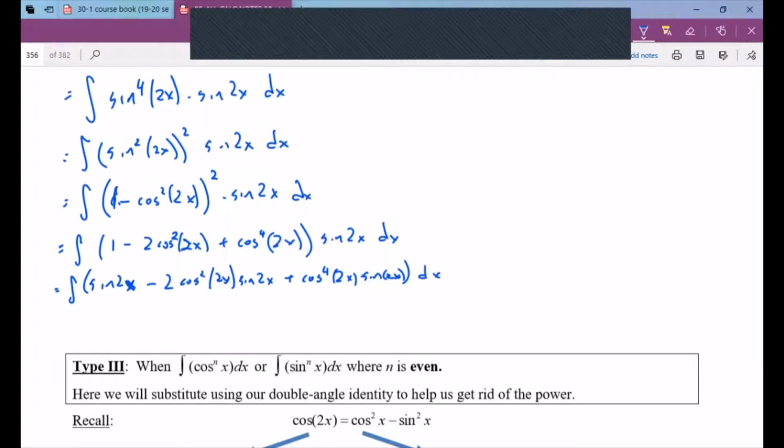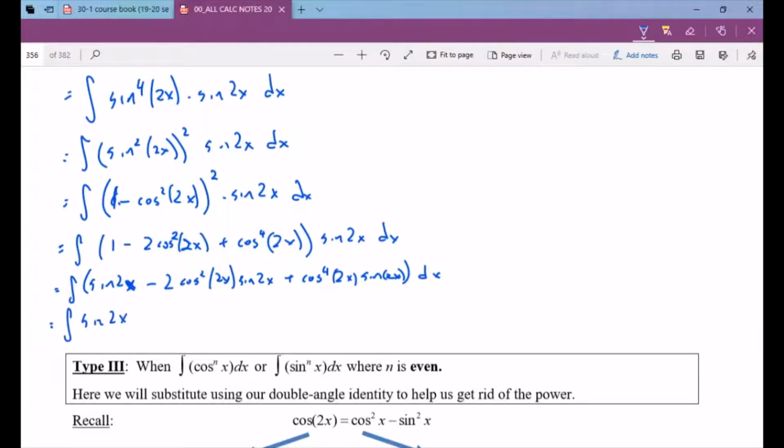Let's break this apart into separate integrals before I do a u substitution, and let's call this integral sine 2x minus the integral. I'm just going to shuffle this around a little bit. I'm going to call this cos squared 2x times 2 sine 2x.